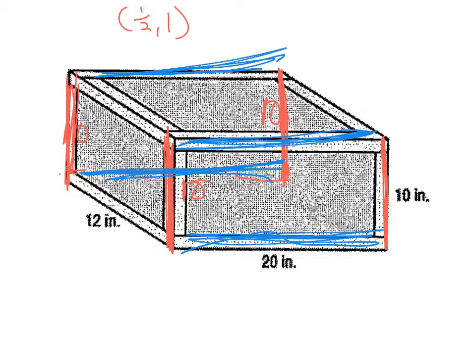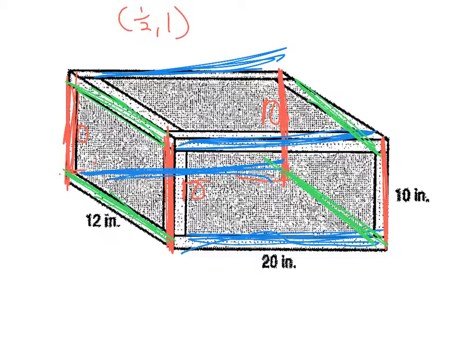So we have 4 of the 20s. We could figure out that we're also going to have 4 of the 12s, and those would be the distances that are here, here, here, and in the back here.